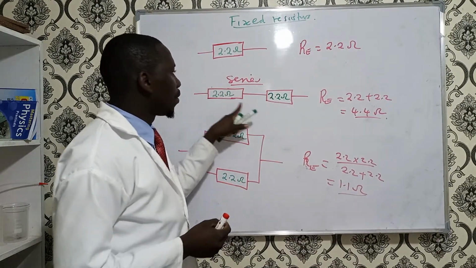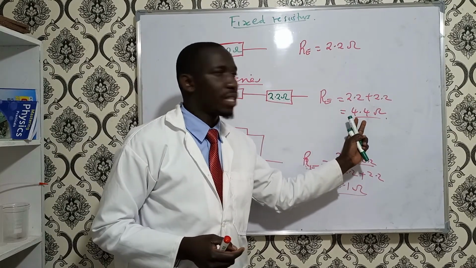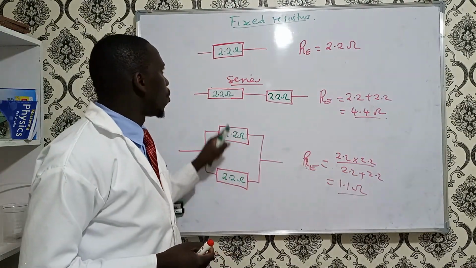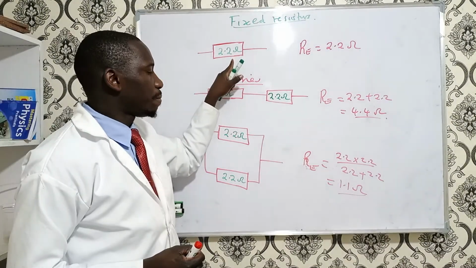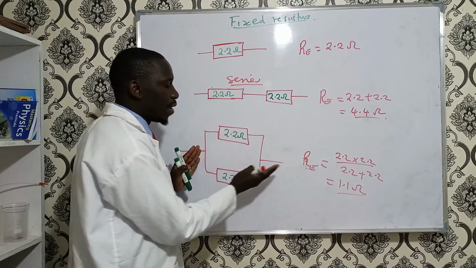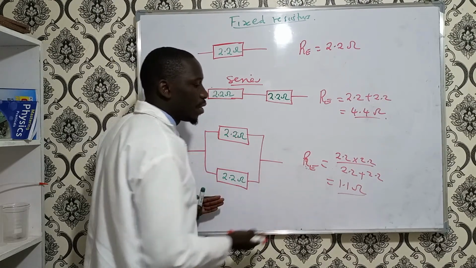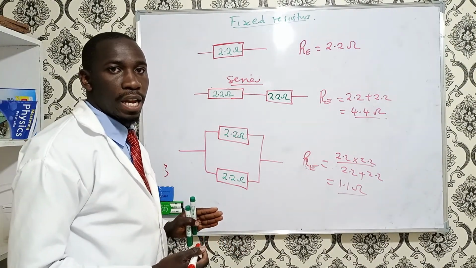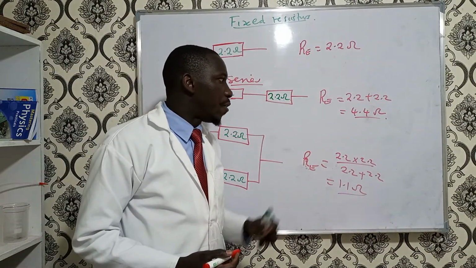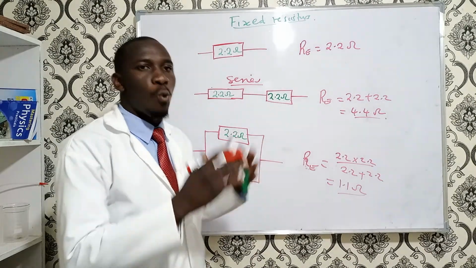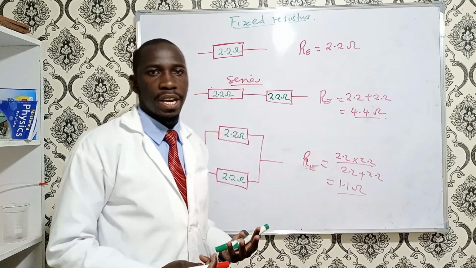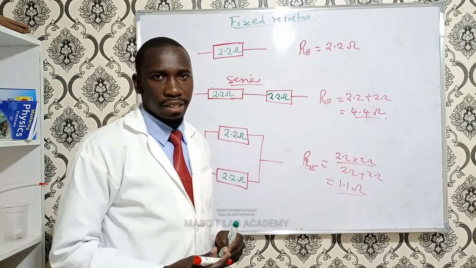When resistors are in series, the total resistance is very high compared to a single resistor, and when resistors are in parallel, the effective resistance is very low, less than that of a single resistor. This is just one of the advantages of connecting electrical components in parallel.